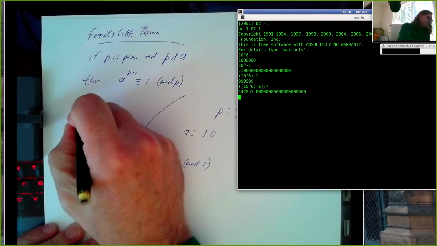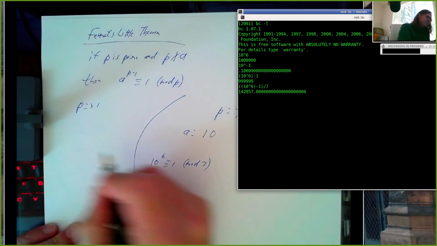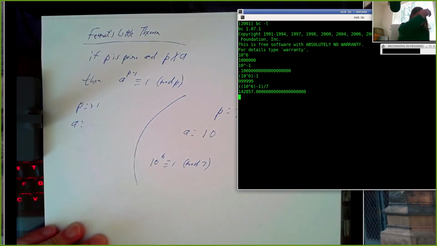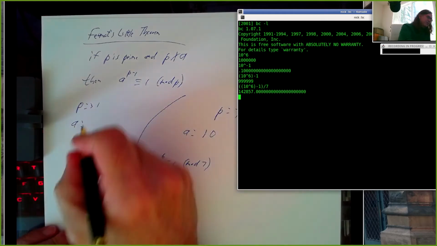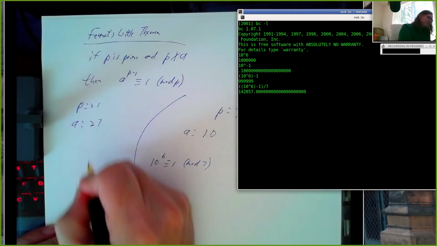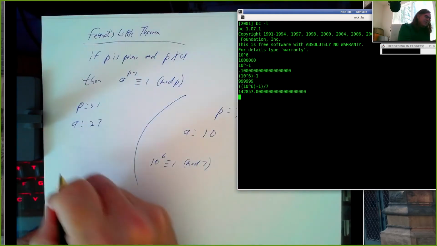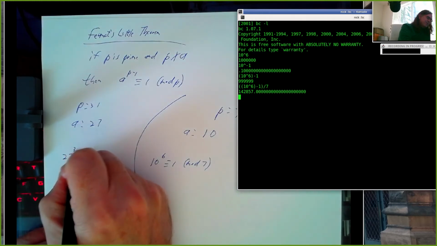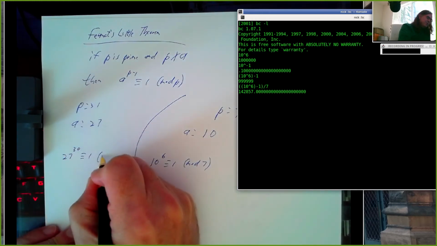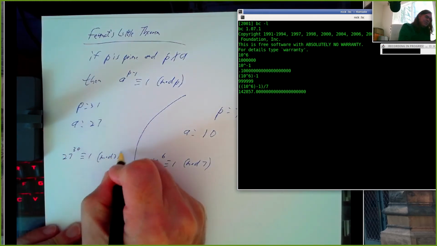If we picked p equals 31, and a is anything that's not a multiple of p, so 25, 27, whatever, Fermat's little theorem claims that 27 to the 30th should be one more than a multiple of 31.